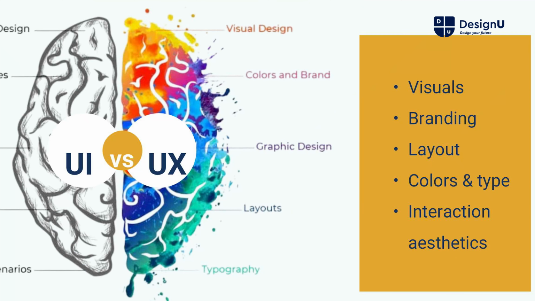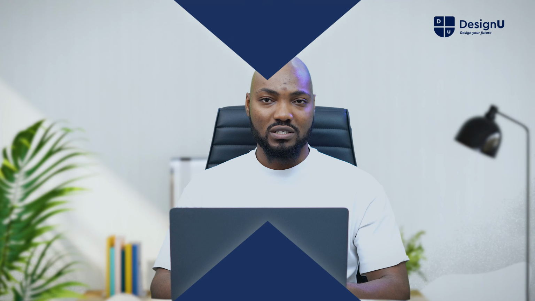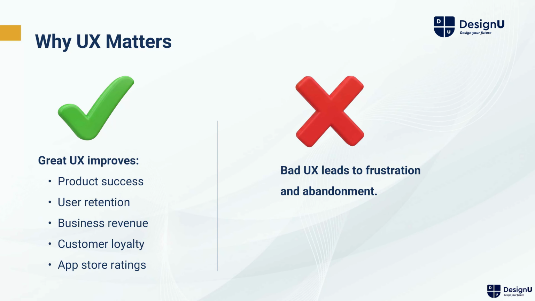While UI is about visuals, branding, layout, colors, and type. What's type? That's the text. Then interaction and aesthetics. Why is UI different from UX? UI deals with how it is visually appealing to the user, while UX deals with how usable it is for the user.